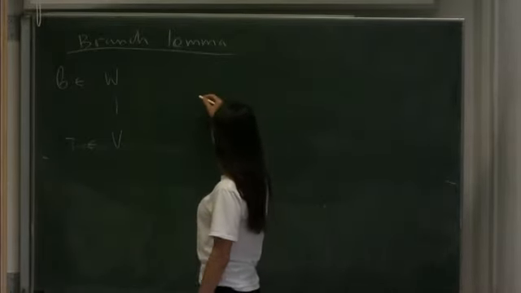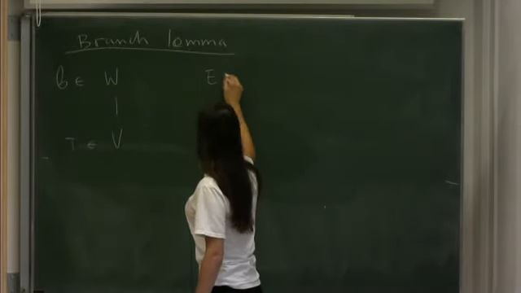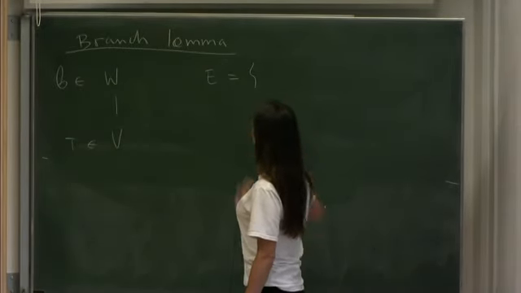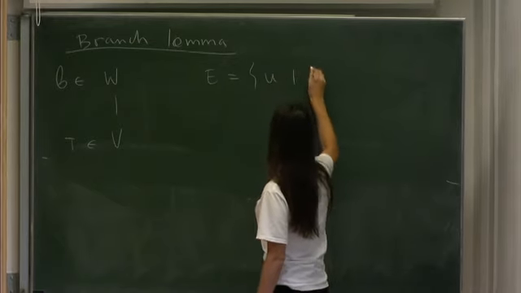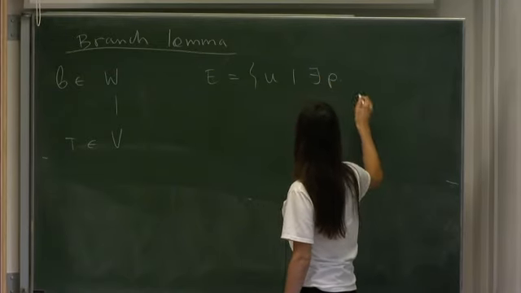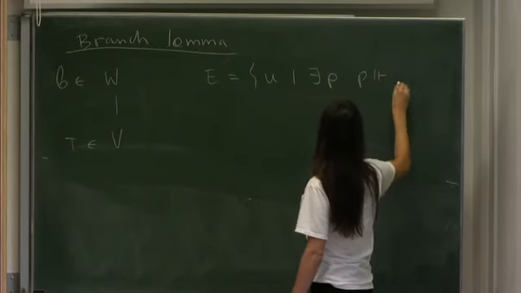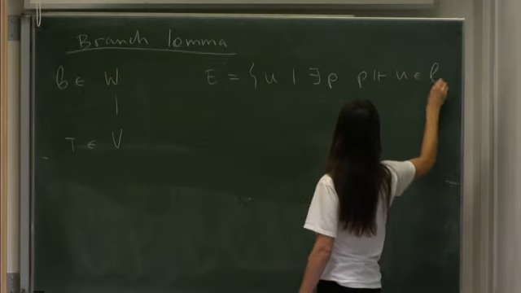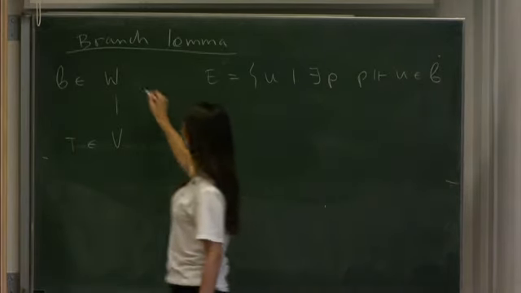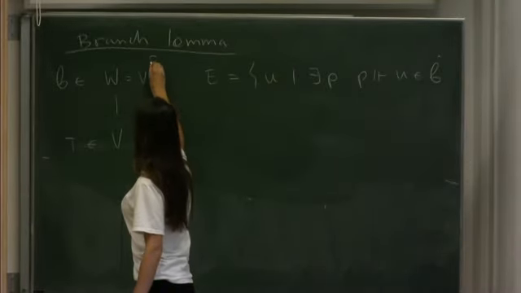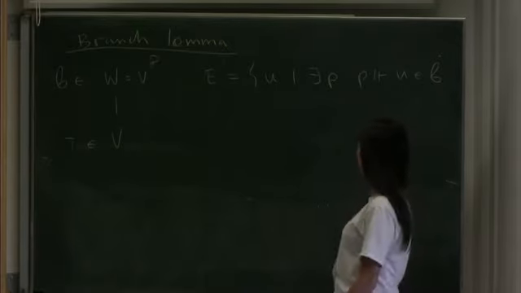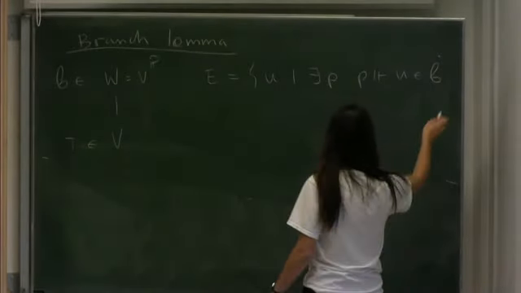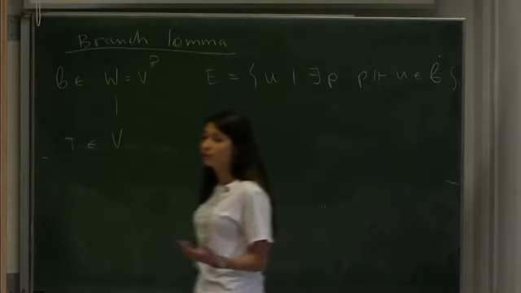So what one does is let E, for instance, be the set of all nodes U such that there exists some condition P, P forces U is in the branch B, where W is just some forcing extension by some poset P. Now if the branch is new, what does that mean?